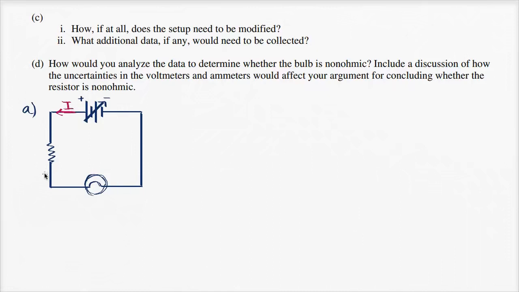So the first question is, do you have a different number of electrons moving per second before entering the light bulb than when you come out of the light bulb? Well, the way you can measure that is by measuring the current on either side of the light bulb. And we can do that by inserting ammeters on either side, and ammeters have to be inserted in series.